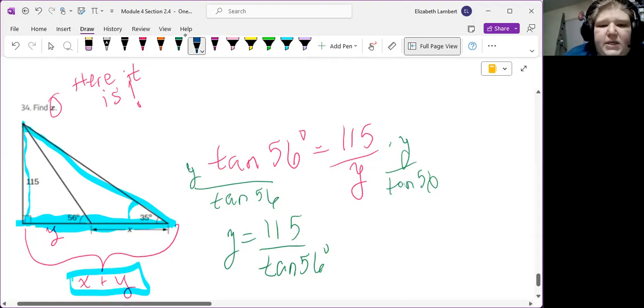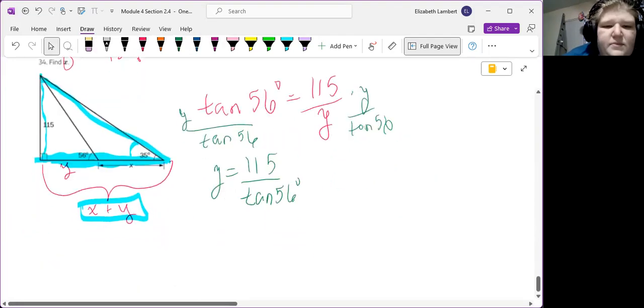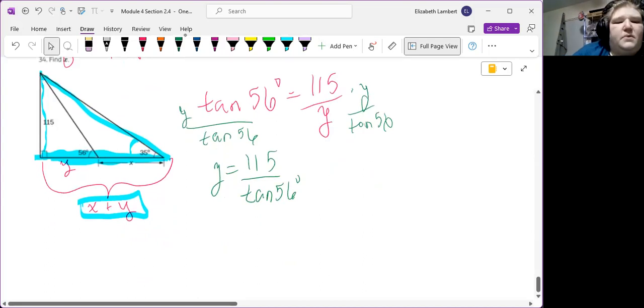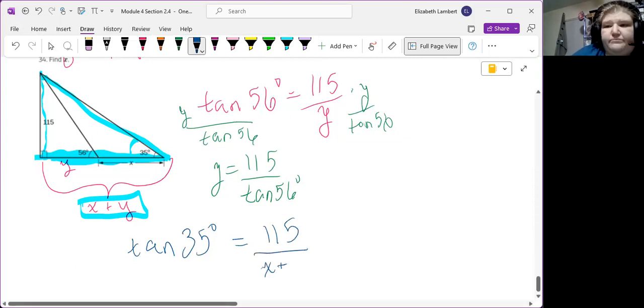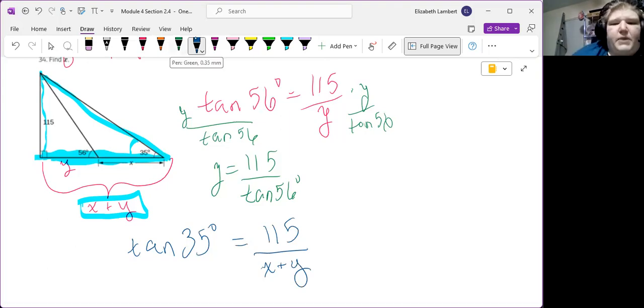So the tangent of 35 degrees in our figure is 115 over x plus y. All right, so now we're going to multiply both sides by x plus y.